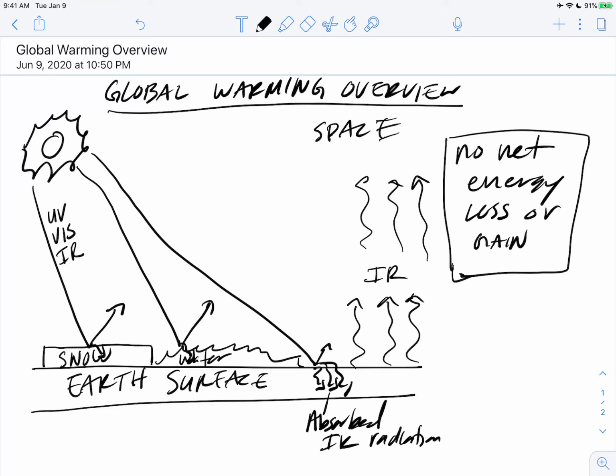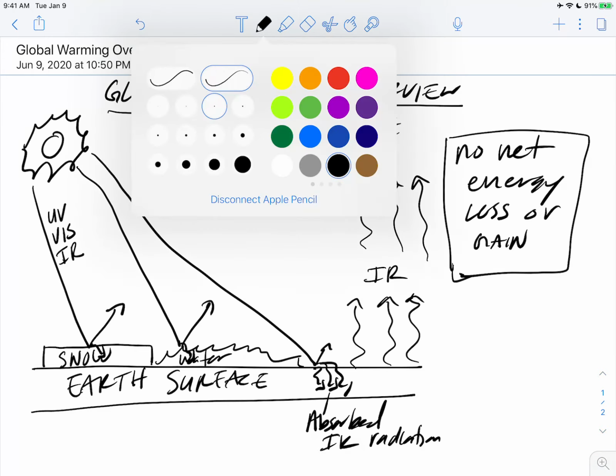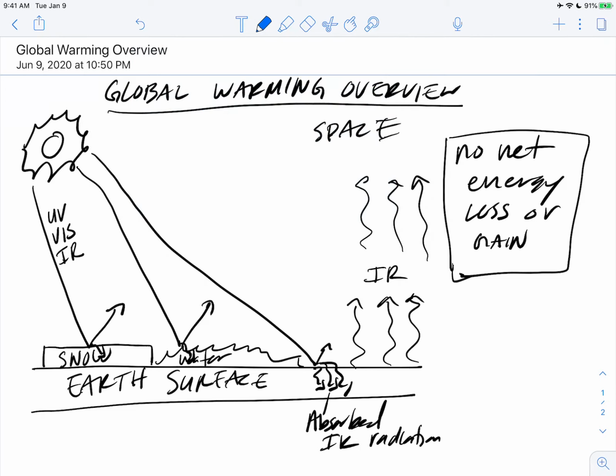It basically interacts with the surface, absorbs some, reflects some, and all of it eventually goes into space. If that were the case, then the surface temp of the Earth would be frozen if we had no way to trap this radiated infrared radiation. It would be 60 degrees Celsius colder than it is right now. So that is bad.